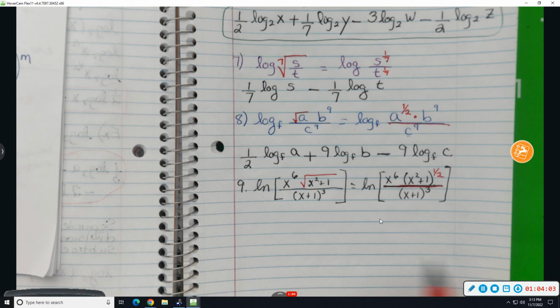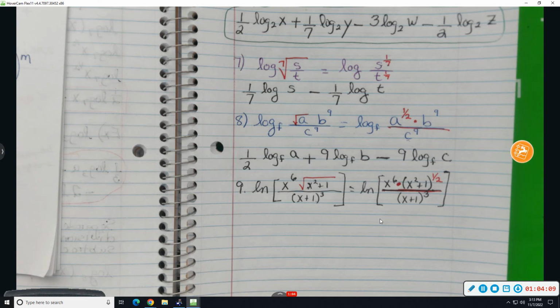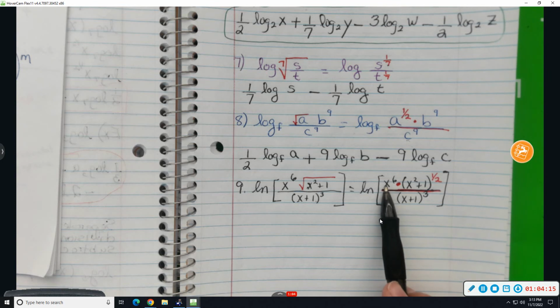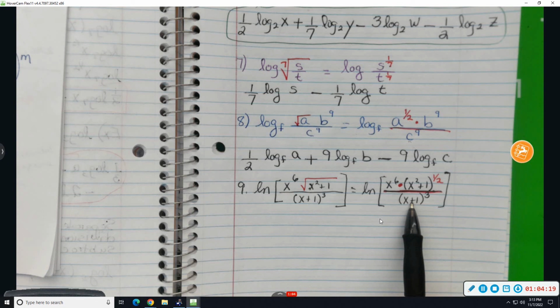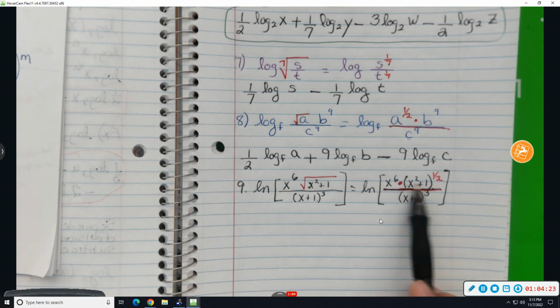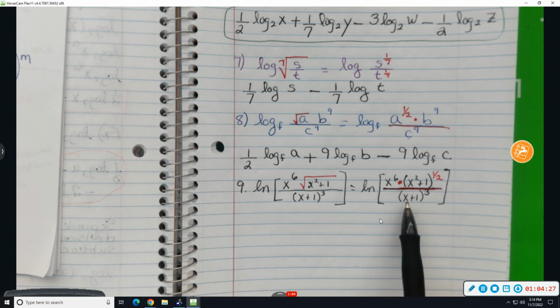Where's the only multiplication going on? Right there. So this is going to separate into just 3 logarithms: 1, 2, 3. The x squared plus 1 and the x plus 1 have to all stay together.